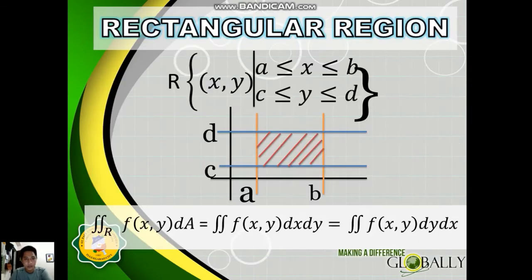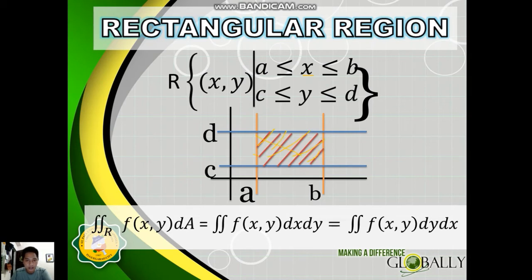Suppose we have a rectangular region, defined as x greater than or equal to a and less than or equal to b, and y greater than or equal to c and less than or equal to d. If you plot that, this is the region.